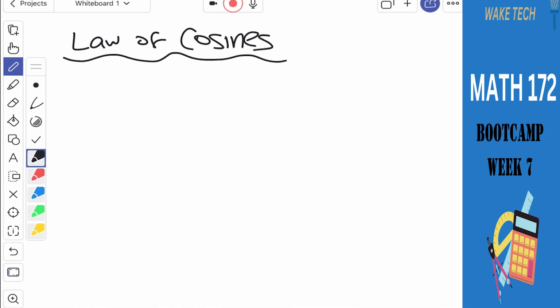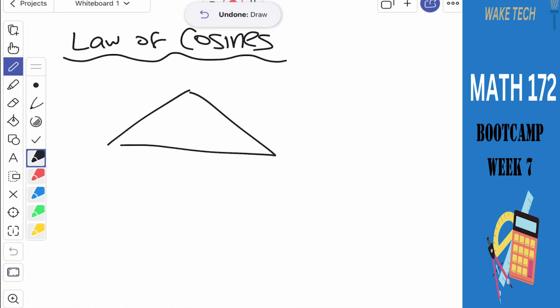We don't really have any prereq skills that we can talk about for it. I'll mention what it is and when you might use it, and write down the various equations. Then we'll spend the majority of our time on the law of sines and some application questions, because a big portion of your material for the week will cover applications.